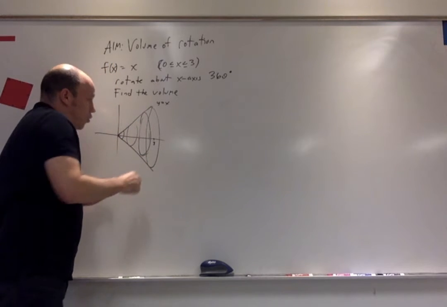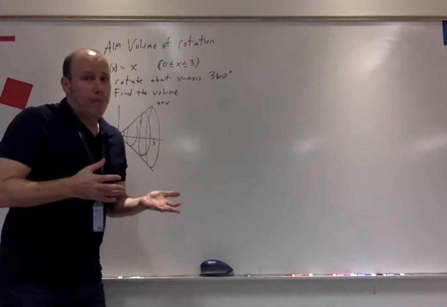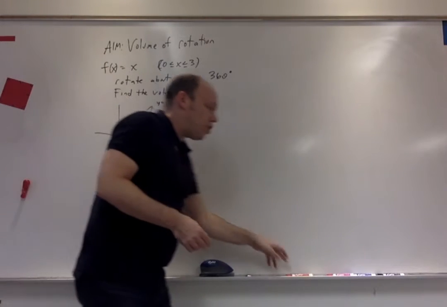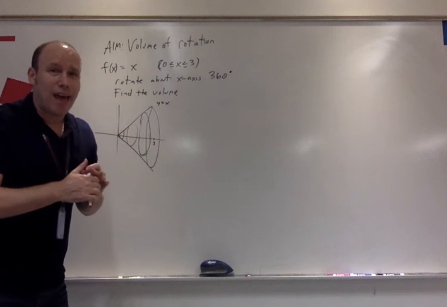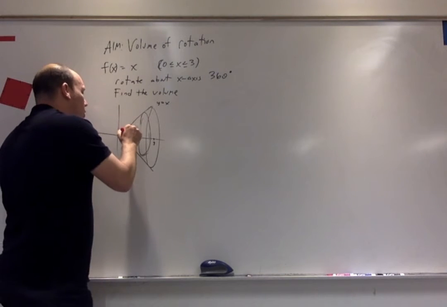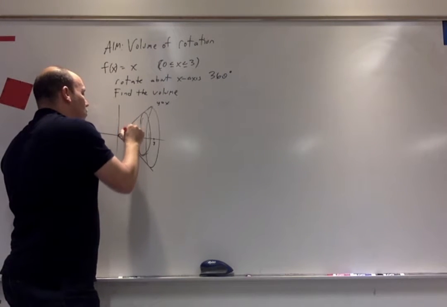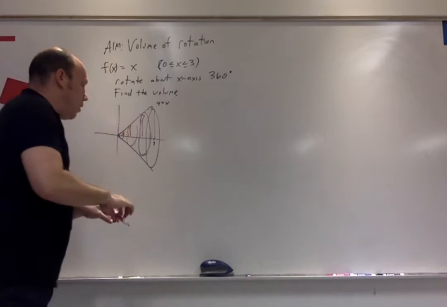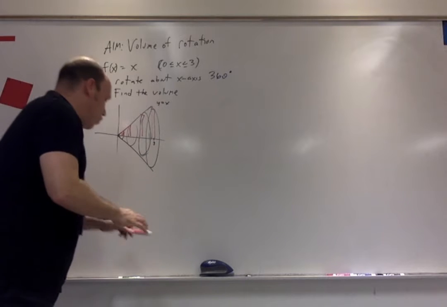So I'm adding up all the circles from 0 to 3. Usually it's all about the rectangles; in this case, it's all about the radius. So the question is, what is the area of all these circles?